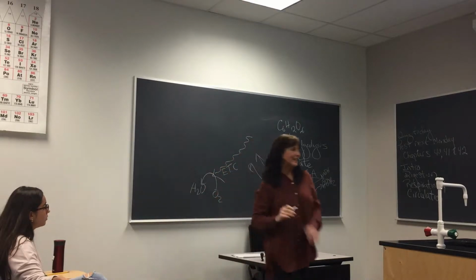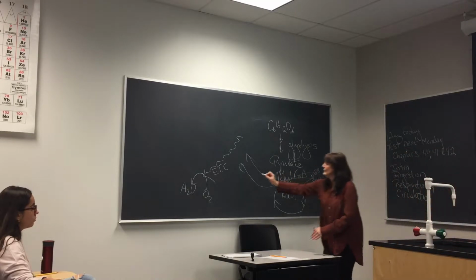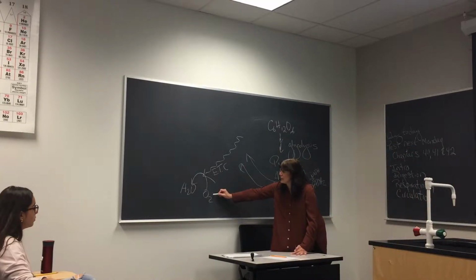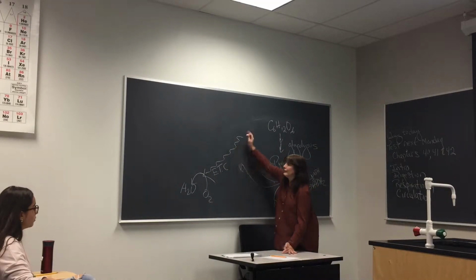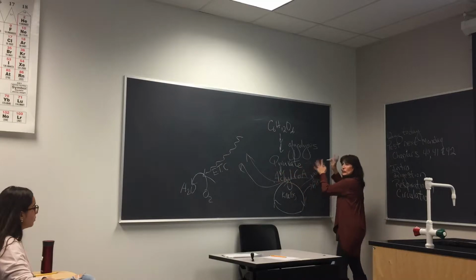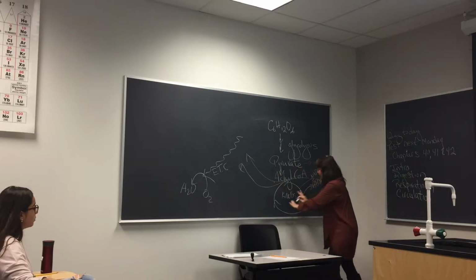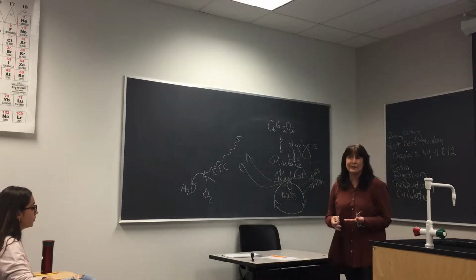So here's the electron transport chain. And you studied this last semester, so I won't go into all the details, but the final electron acceptor of the electron transport chain is oxygen, right? So if you don't have oxygen, you don't get the electron transport chain, you don't get the Krebs cycle, you're going to only make about 2 ATP, whereas this whole process, you're going to make 36, 38, depending upon the types of cells.